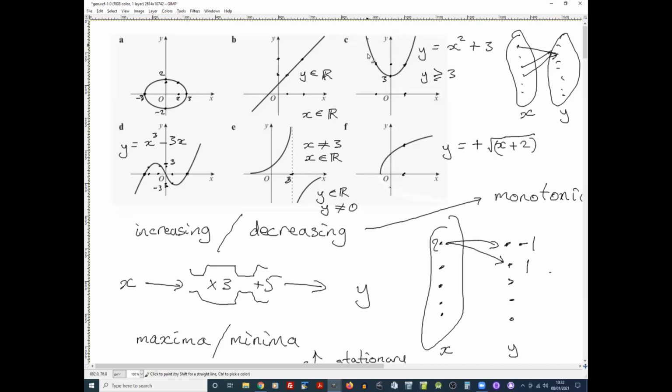It's a function because it's not one-to-many, right? But look what we were unable to do: have an inverse function. The inverse of that turned out to be a relation, but not a function because it's one-to-many.